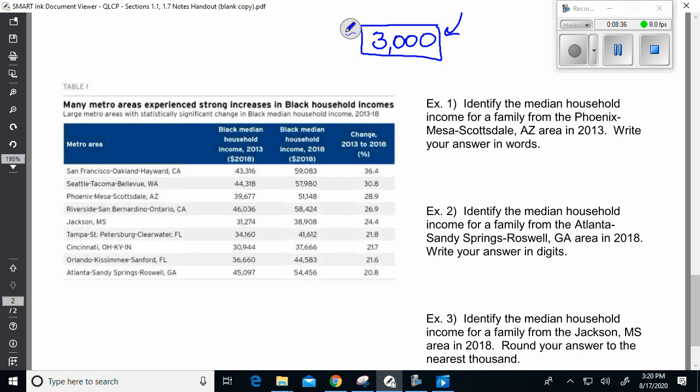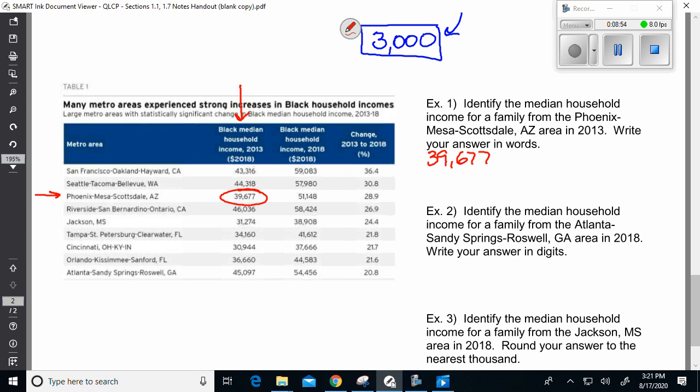So 2013, this column here, and we're looking at Phoenix, Mesa, Scottsdale. So we're talking about 39,677.